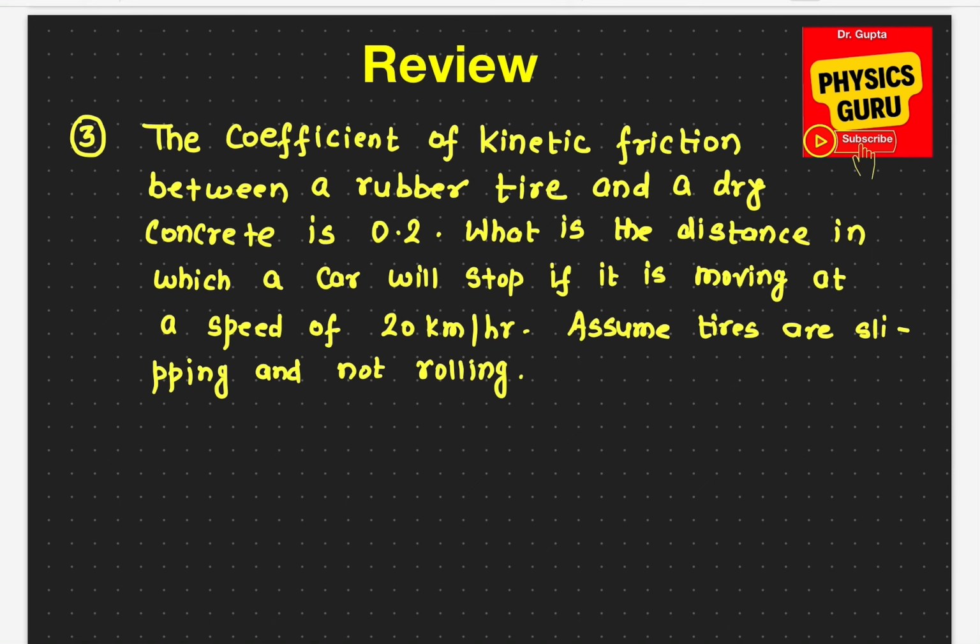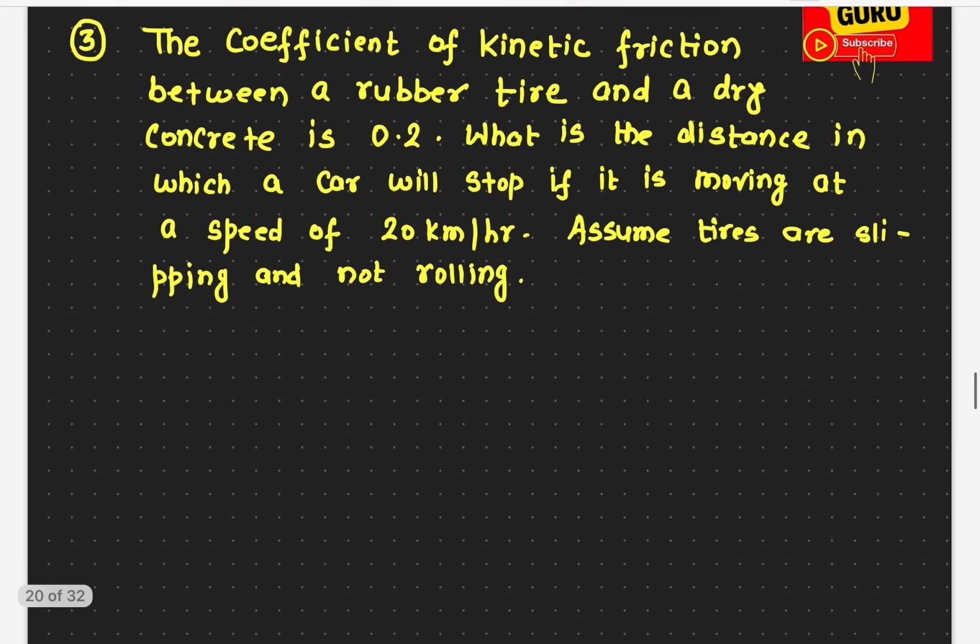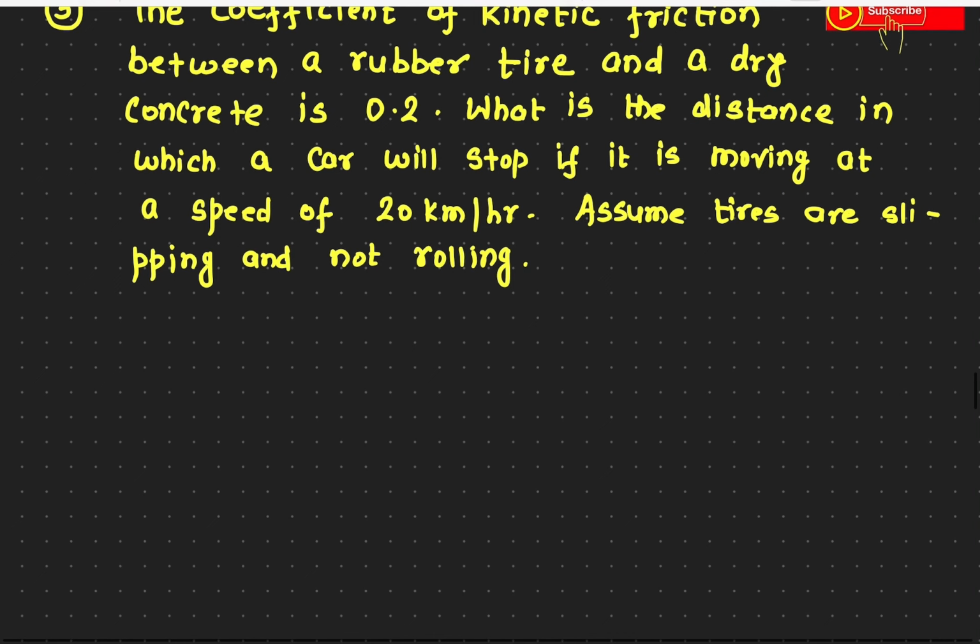Let's first write down all the important information you have. The given information is the coefficient of kinetic friction. Why kinetic friction? Because the car is in motion. So 0.2.